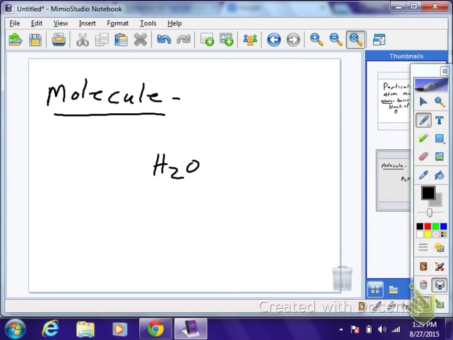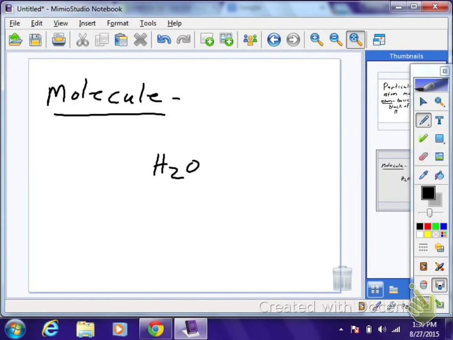So it's not for sure, this is just so we can see that the ratio for water is always going to be 2 hydrogens, 1 oxygen. Always going to be that case. So that would be how we could model that and show that. Do we have another example of a molecule?